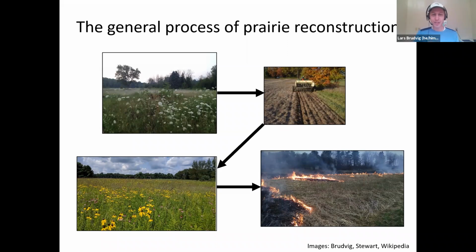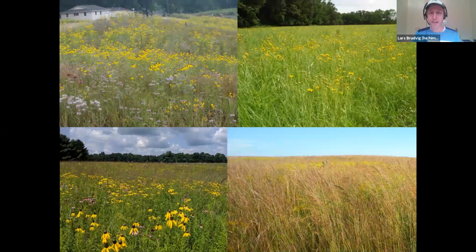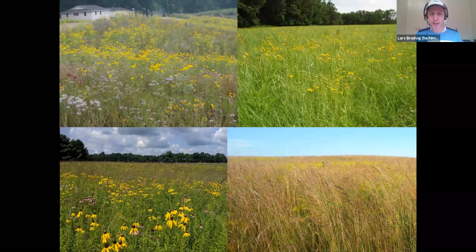Now, what's fascinating is we can follow this same general process time and time again, and we never get the same result twice. And just in pictures, we can see some of the variation in tallgrass prairie reconstruction efforts, all these coming from southwestern Michigan, where we do a lot of our research, ranging from heavily forb dominated, in some cases with a clear diversity of forbs, a diversity of colors at least, like in the upper left.